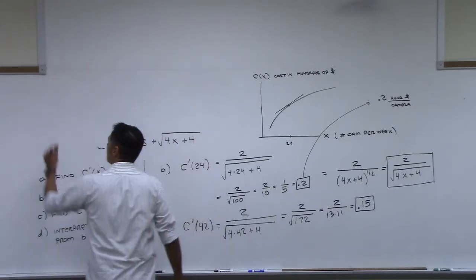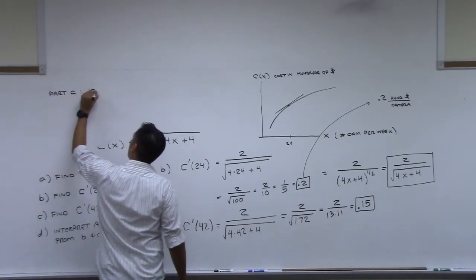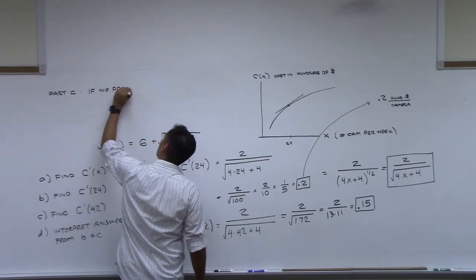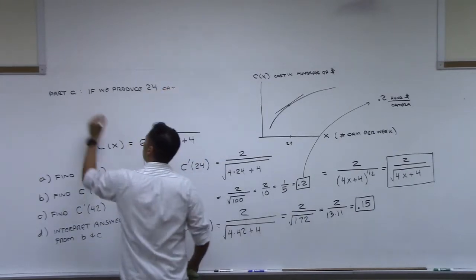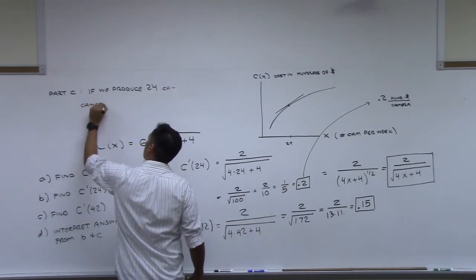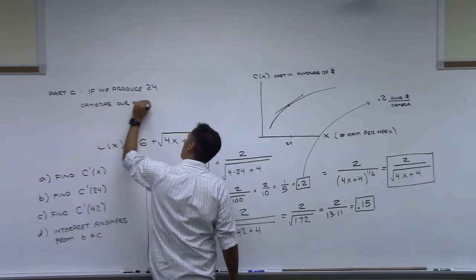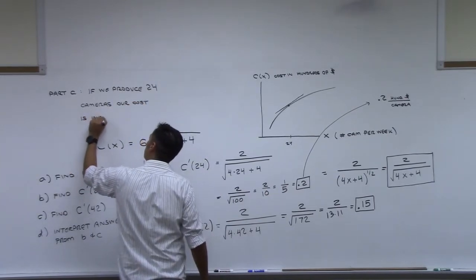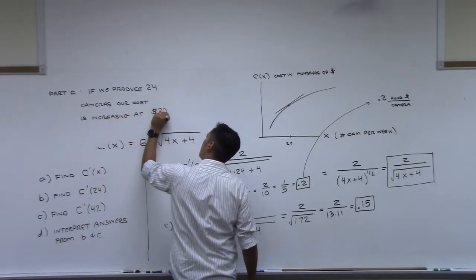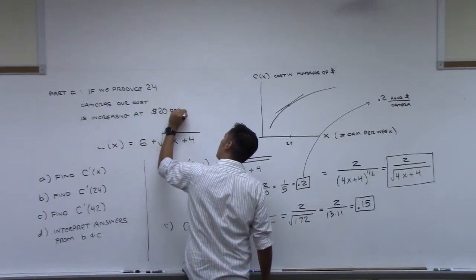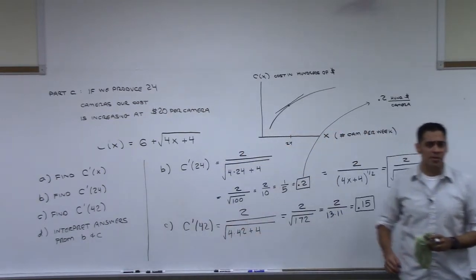So the interpretation of part C is this: if we produce 24 cameras, our cost is increasing at $20 per camera. Okay, that's what part C is telling us.